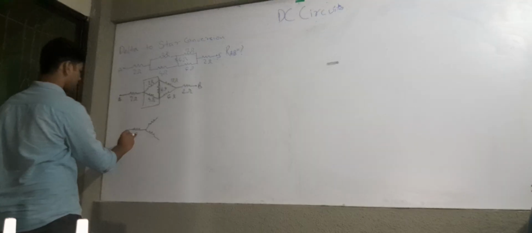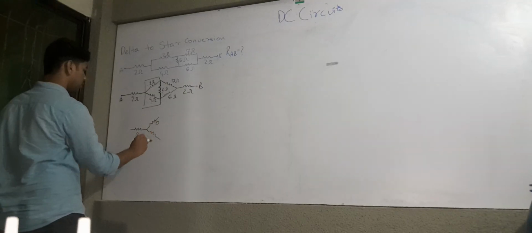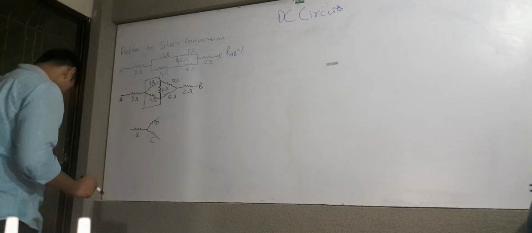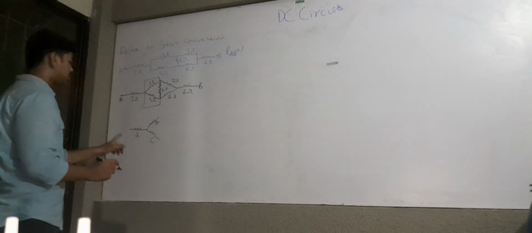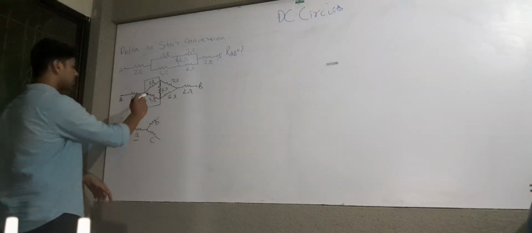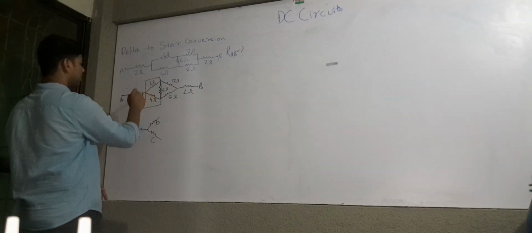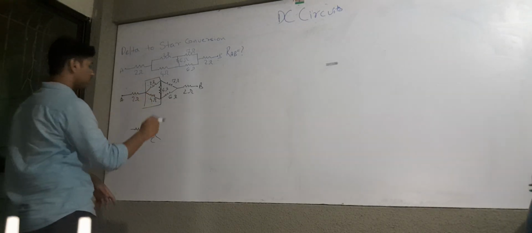This is A, this is B, this is C. So as for the trick I told you about, A is just the multiplication of the adjacent resistance upon the total.